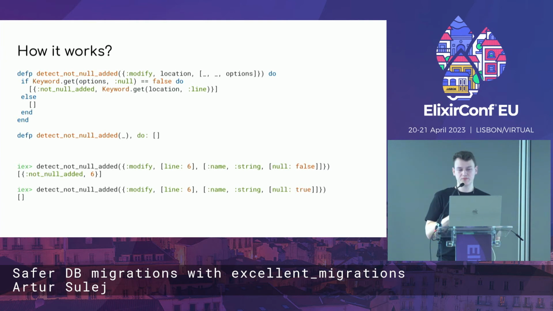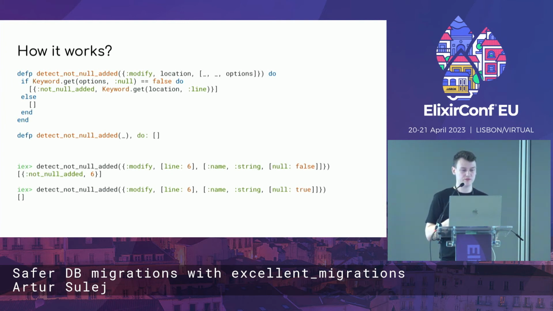And this is how this pattern matching looks like. When we find this tuple, we need to check the content of options because it's a keyword, so we can't very easily pattern match it.